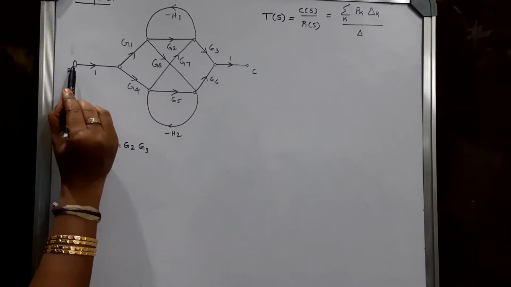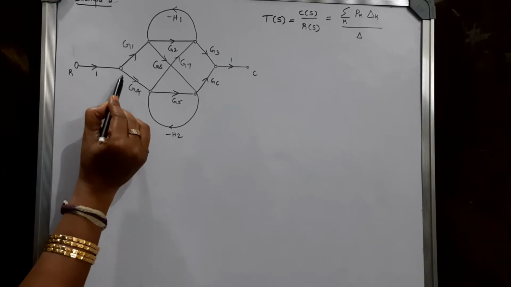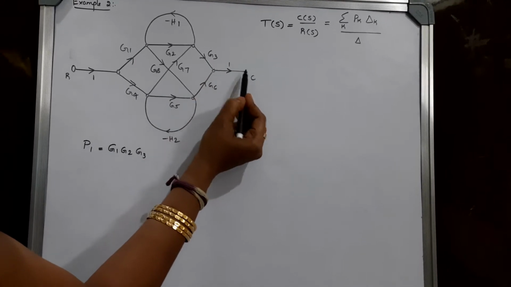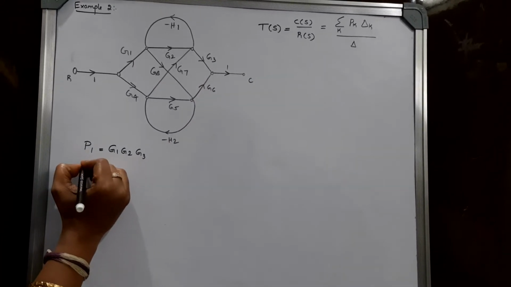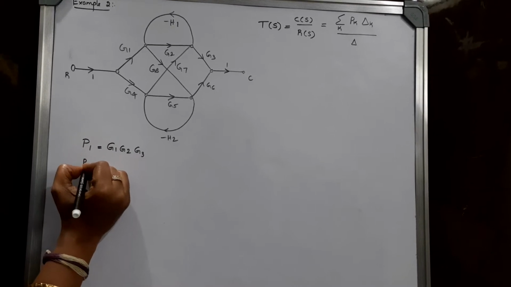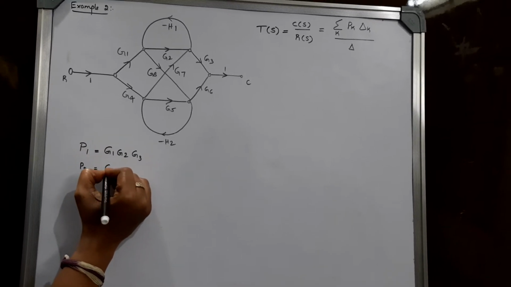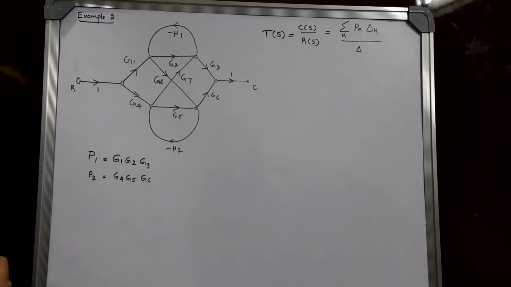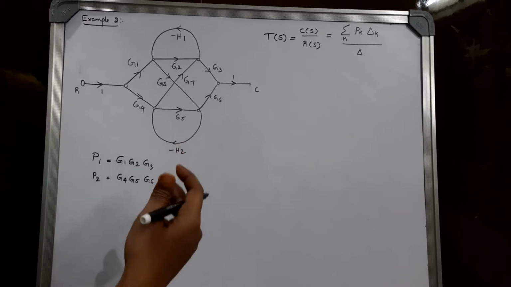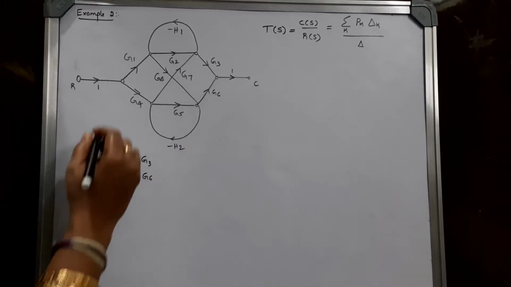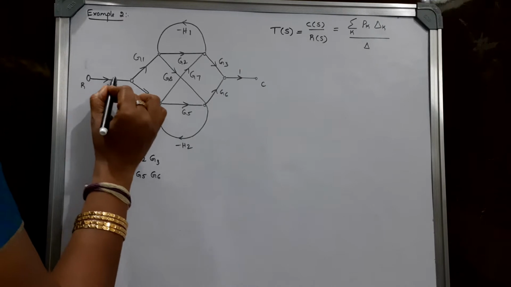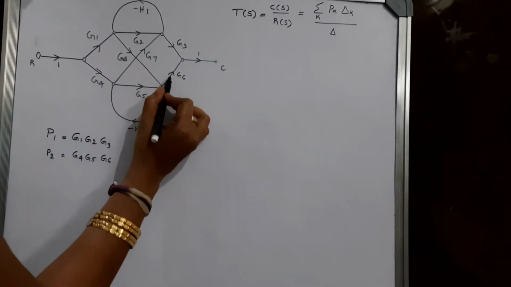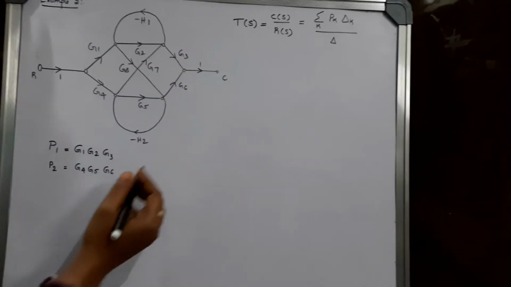So now let's take one more. You can see here, this is another one, G4, G5, G6, and then it's connecting to the output. So the second forward path is G4, G5, G6. Then let's see whether any more paths exist. Here is one more, G1, G8, G6, and it's reaching the output node.